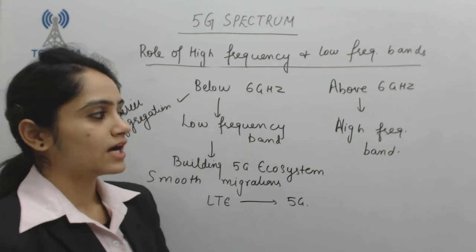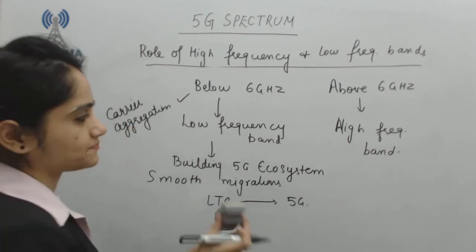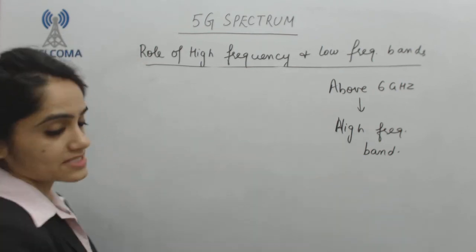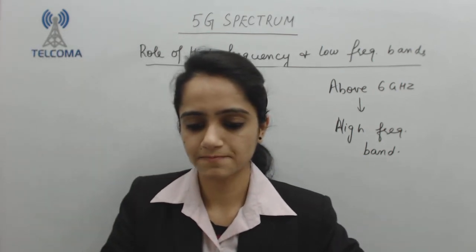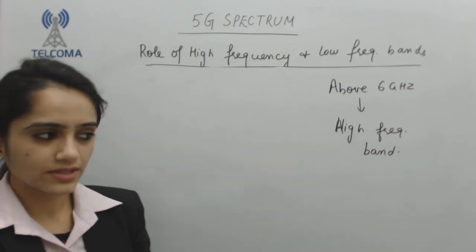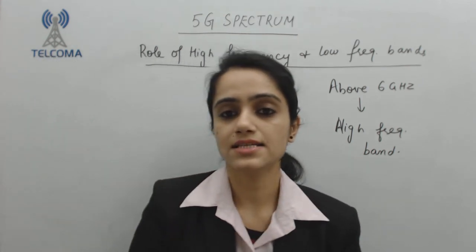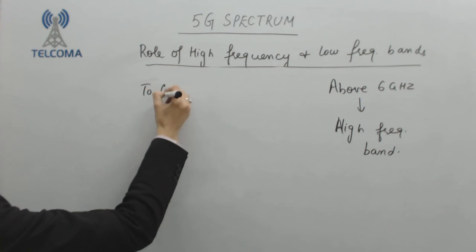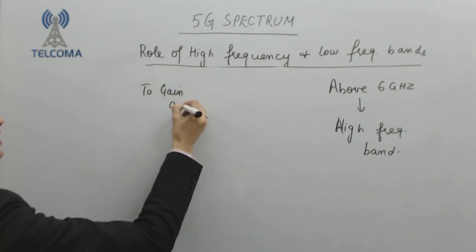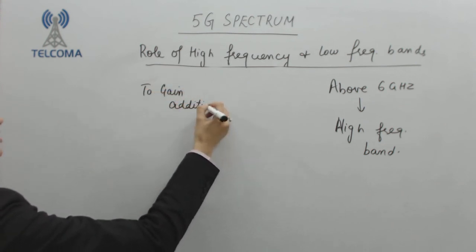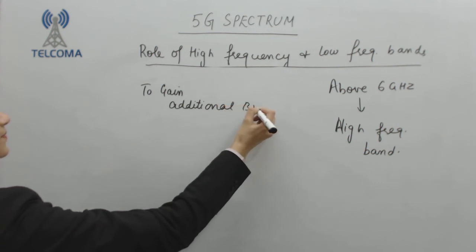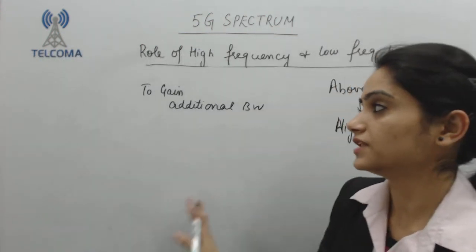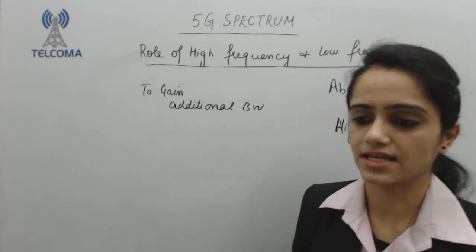Now let's move to the high frequency band, that means above 6 gigahertz. Above 6 gigahertz is used to gain additional bandwidth. So we can have additional bandwidth with the help of this high frequency range.